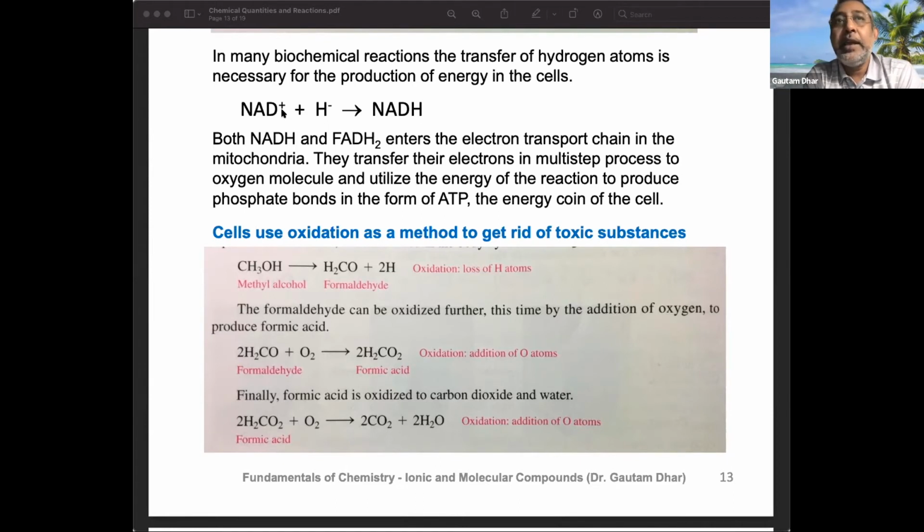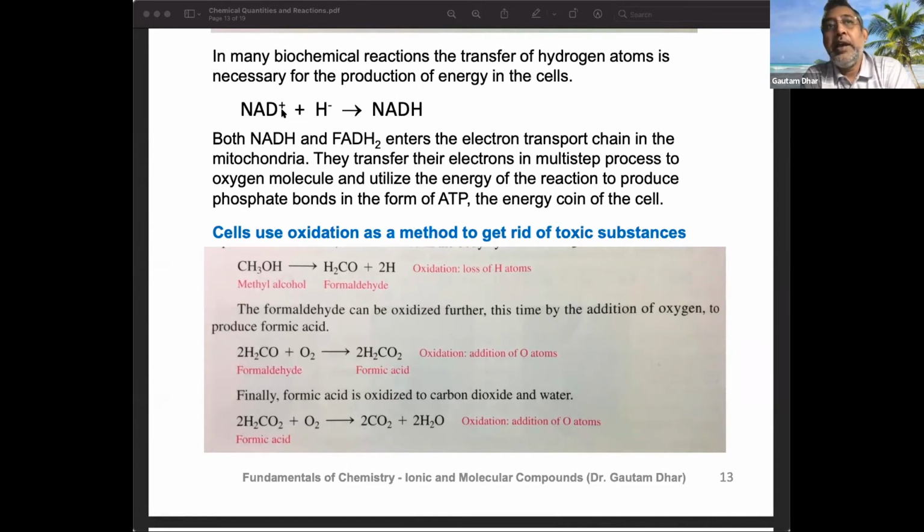Now, this NADH then enters the oxidative phosphorylation. These are enzymes that are lined up in the inner wall of mitochondria. And mitochondria is double membrane, remember.